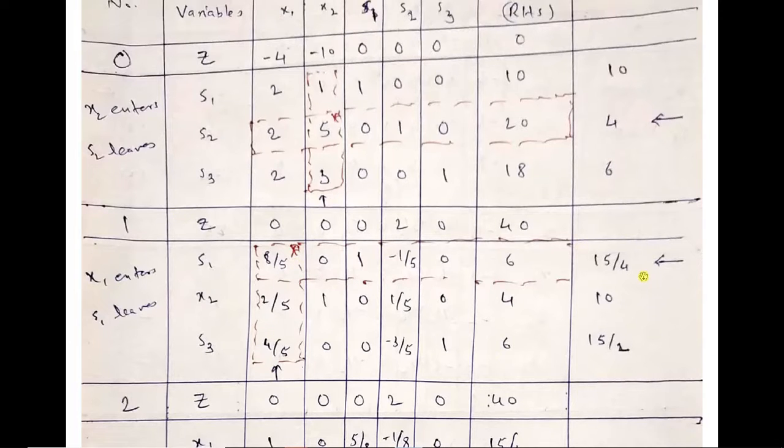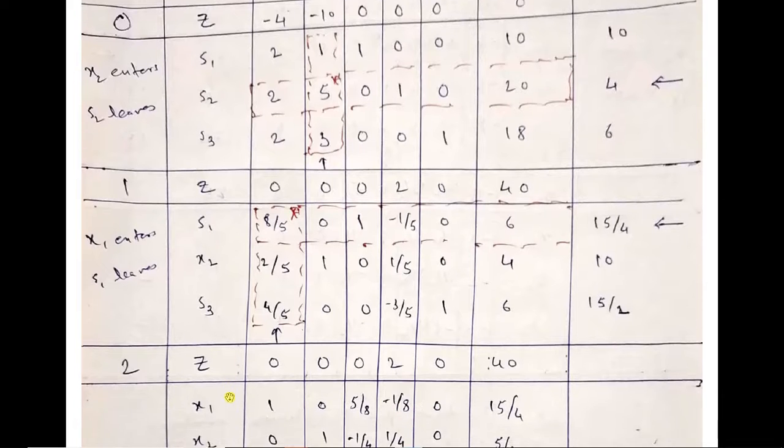Now ratio of 6 by 8 by 5, that is 15 by 4. Then 4 by 2 by 5, 10. And 6 by 4 by 5, 15 by 2. And lowest ratio is 15 by 4. So corresponding variable s1 leaves the table. So in place of s1, we will write down x1.